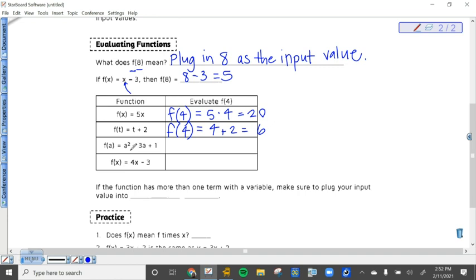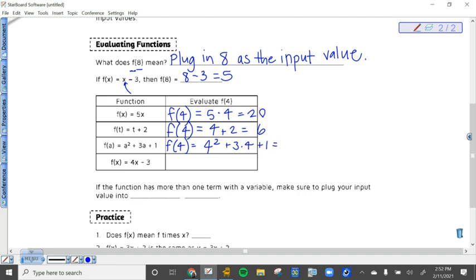Now the next one, f of a equals a squared plus 3a plus 1. Evaluate f of 4. So f of 4 would equal, what would I do? 4 squared, and then 3 times 4, plus 1.